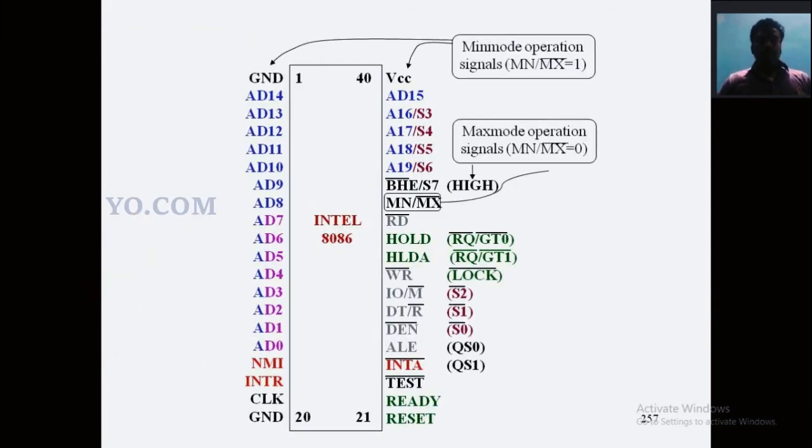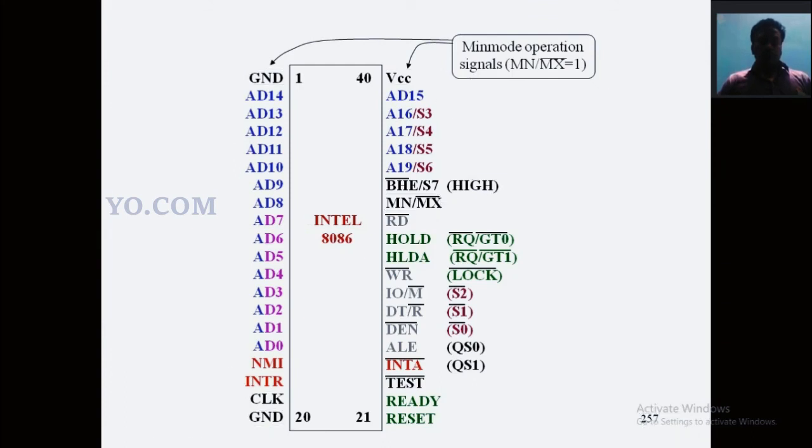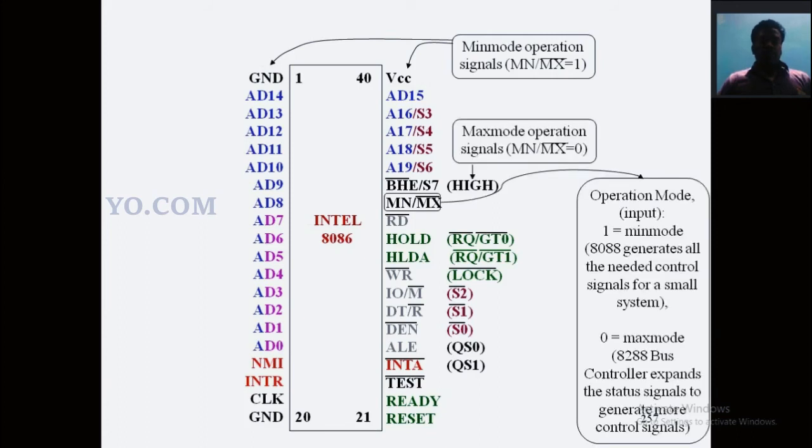Next, we will review one by one. Here VCC and ground are considered. In maximum mode, MN/MX bar equals 0.